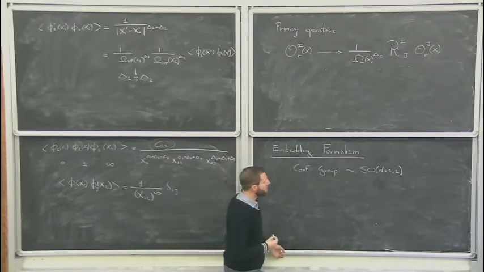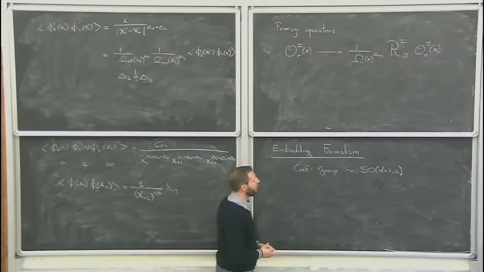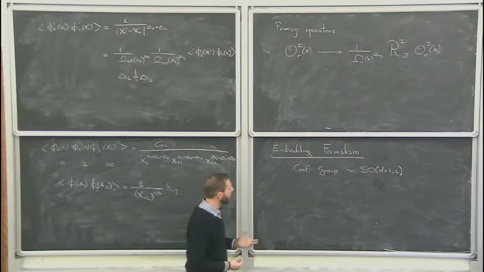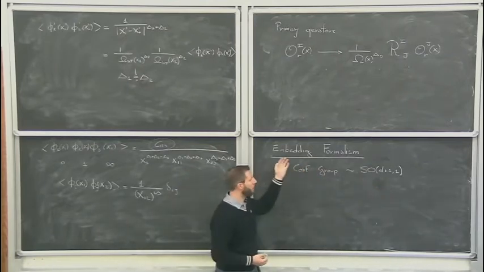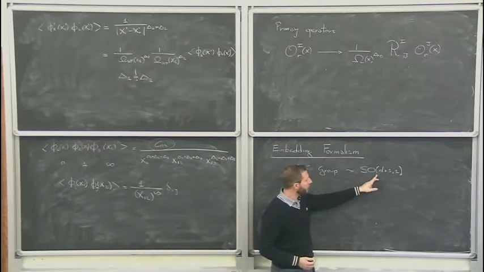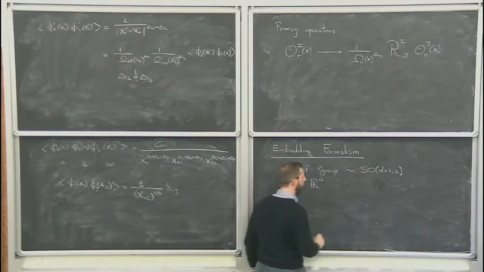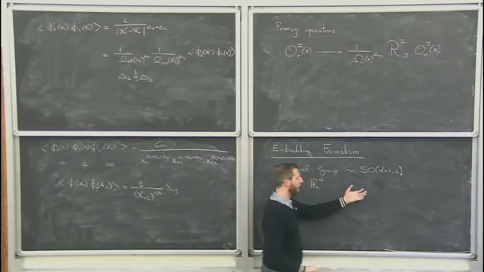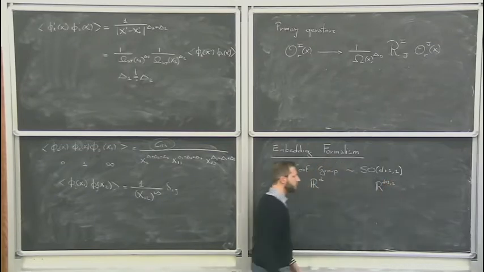So the idea is to take this relation very seriously and embed our d-dimensional space into a higher dimensional space. That's why it's called embedding. Here the conformal group acts on coordinates in R^d, and we're going to embed R^d inside R^{d+1,1}.